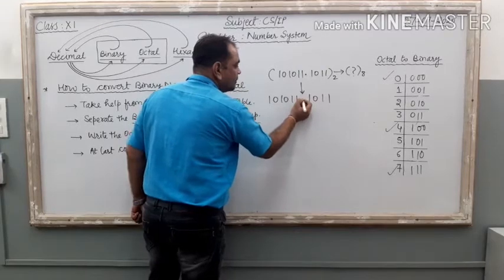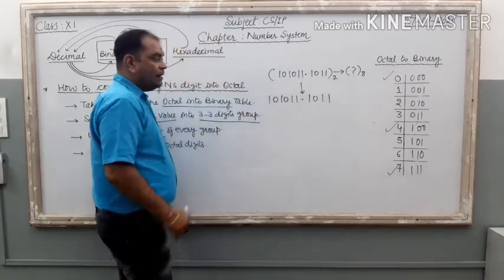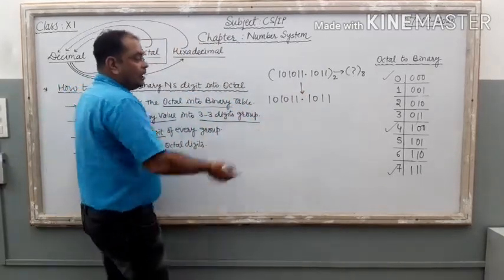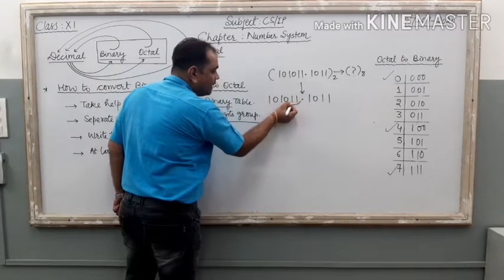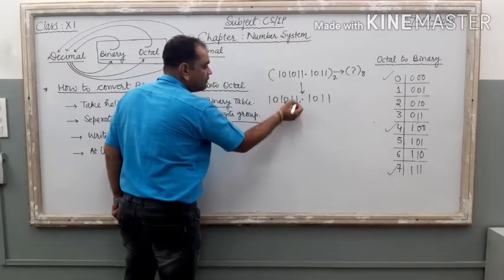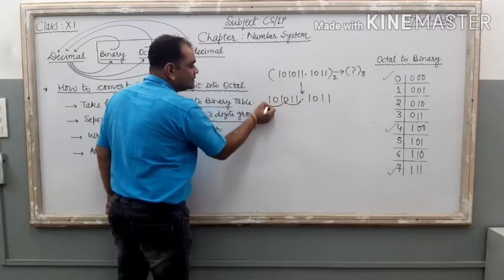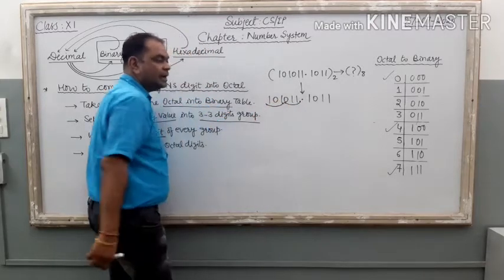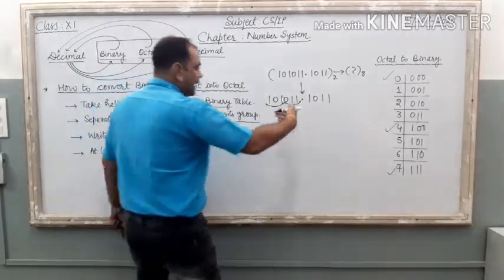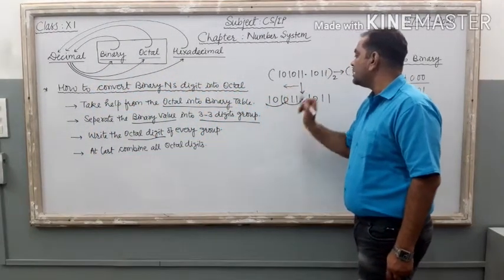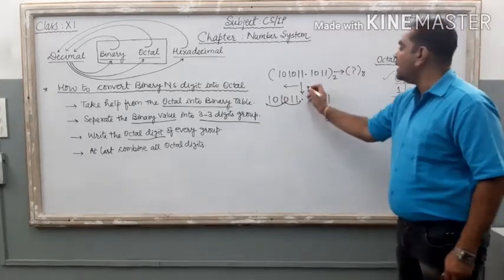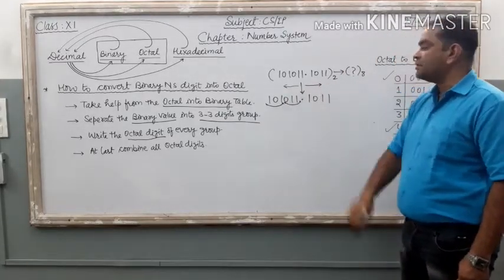This is the decimal point, hold it, and while creating the groups, you create groups from right to left like this. It is the first group and it is the second group. Clear? Hold the decimal point, and for the integer part you follow this direction, and for the fractional part you have to follow this direction.